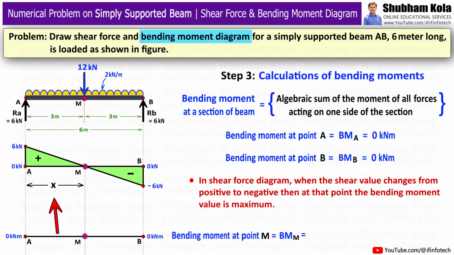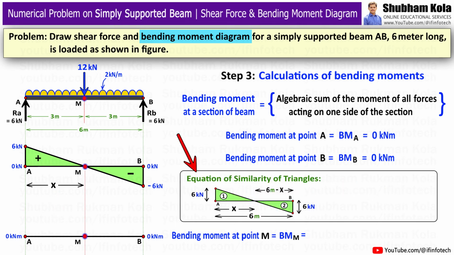But we can find this distance x by using the equation of similarity of triangles. Because here we know the distance AB, which is 6 meter, and the values of shear forces are considered as heights of triangles. Therefore, for the first triangle, the height is 6 kN and the base is distance x.